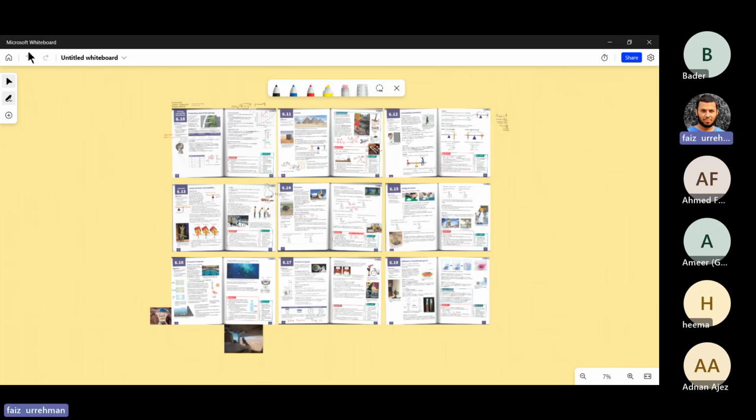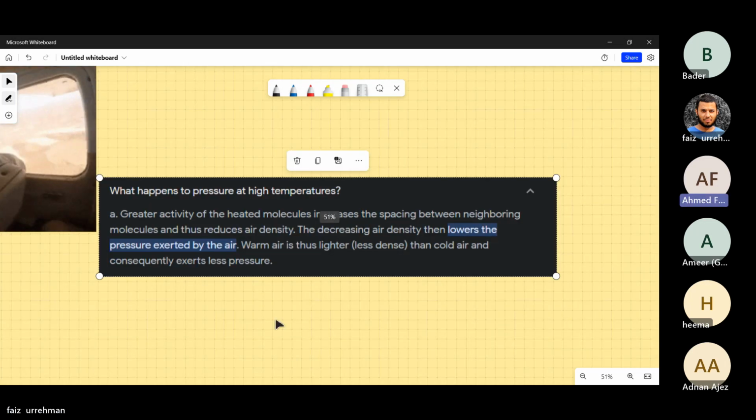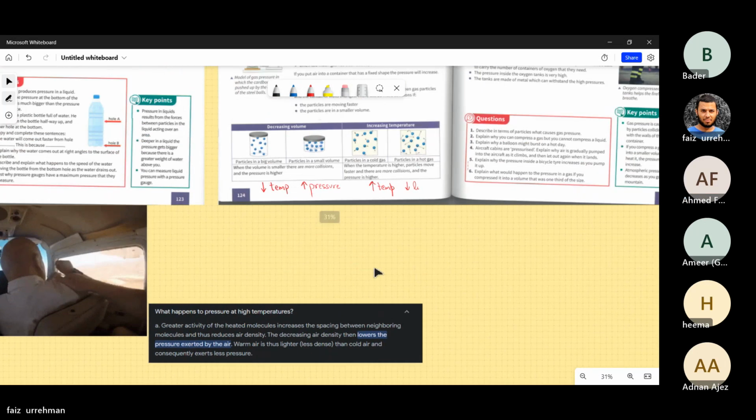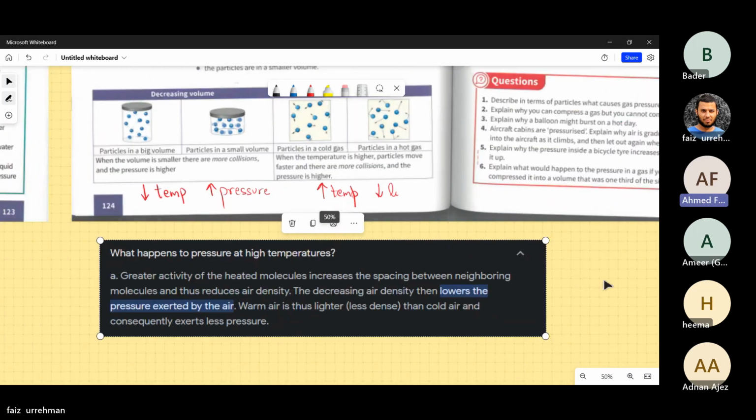High temperature is low pressure. Yes. Look here. Wait, what? That's what I'm writing.